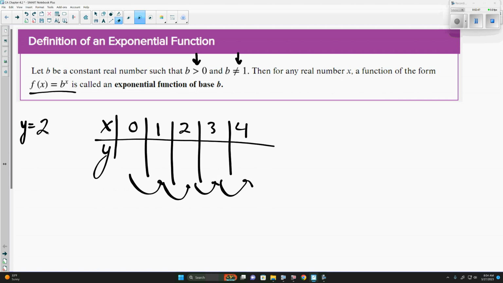Now, one of them that we can do is say 2 to the x. So if we plugged it in, 2 to the 0 is just 1, because anything to the 0 is 1. 2 to the first is going to be 2.